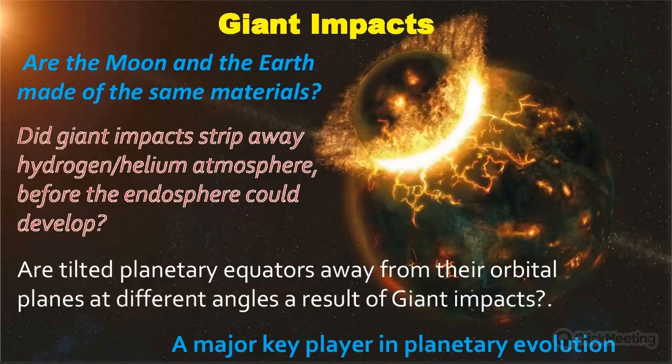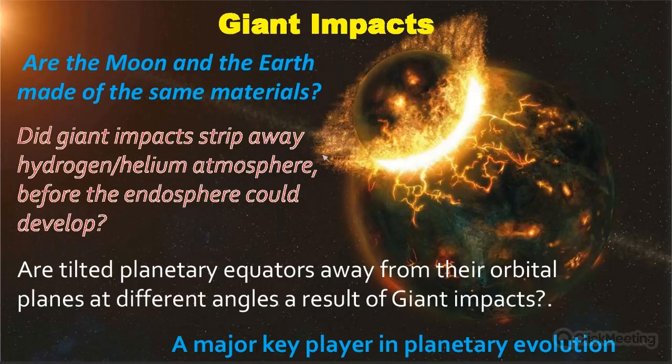So it is obvious that giant collisions are an integral part of planetary formation processes, and this could be a reason why life flourished on our own planet. So it's very important to understand giant impacts.